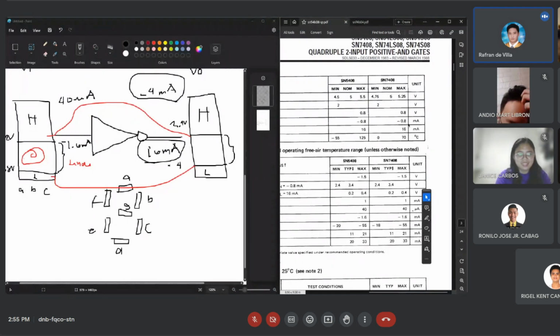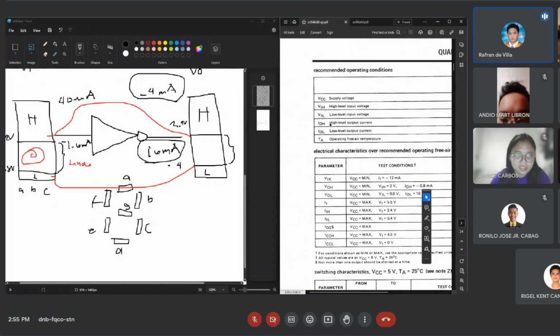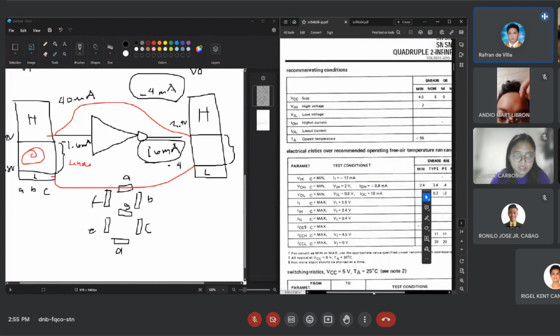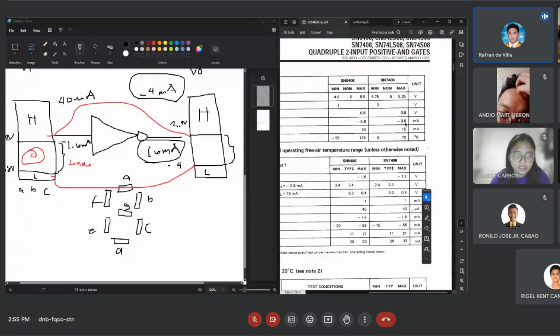As you can see, ang current output high o current output low sa 7408 is also the same. Mas dako ang current output low kaysa sa current output high.